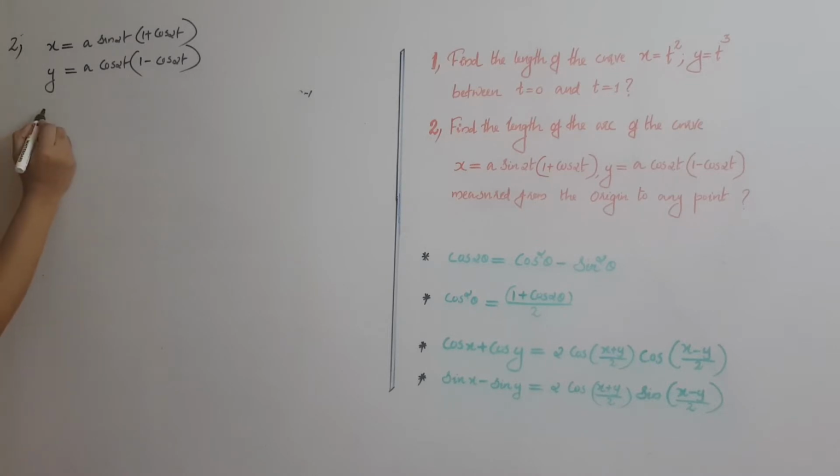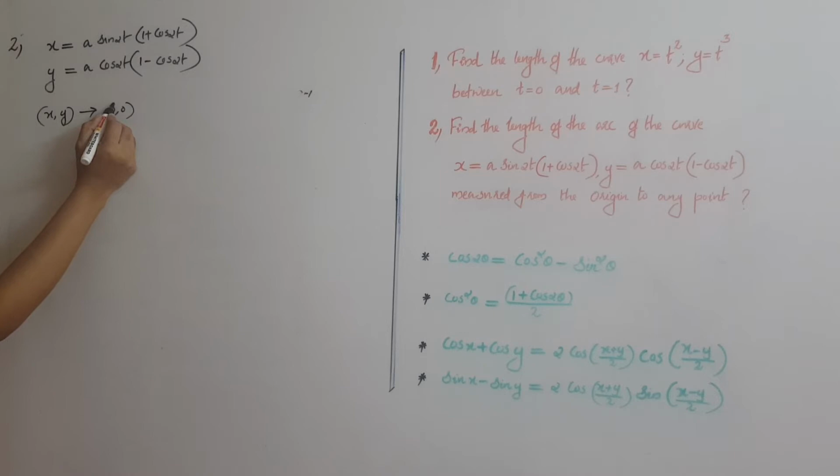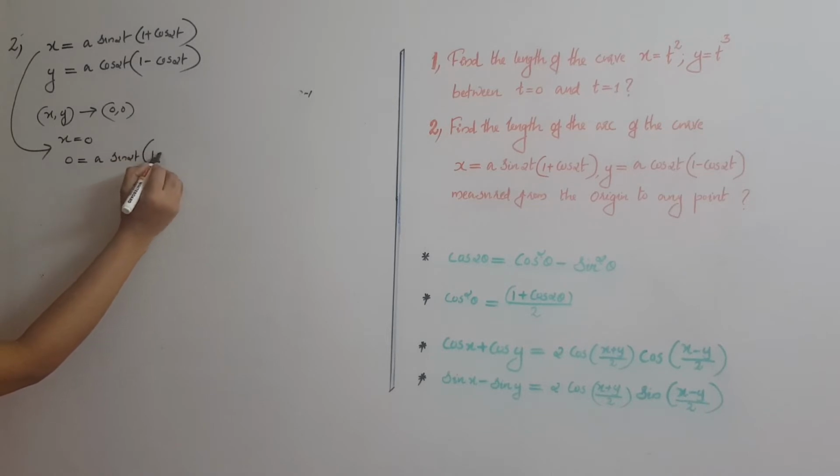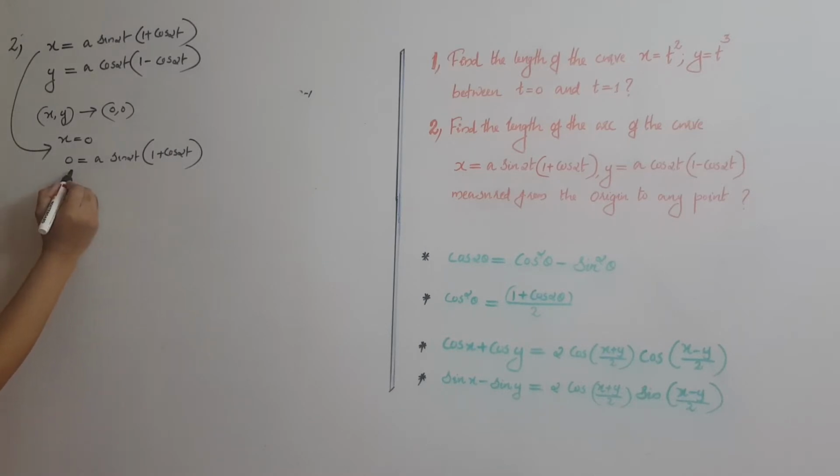At the origin, we know that the values of x and y are 0, 0. When x is equal to 0, this becomes 0 is equal to a sine 2t into (1 plus cos 2t). Either t is equal to 0, or otherwise this term will be 0 or that term will be 0.